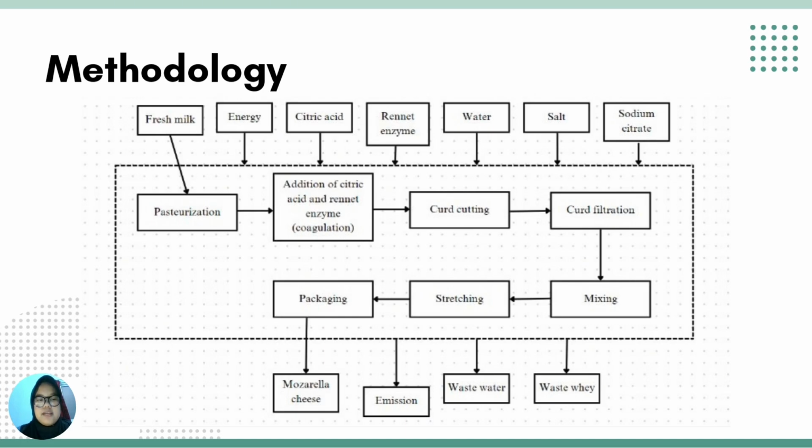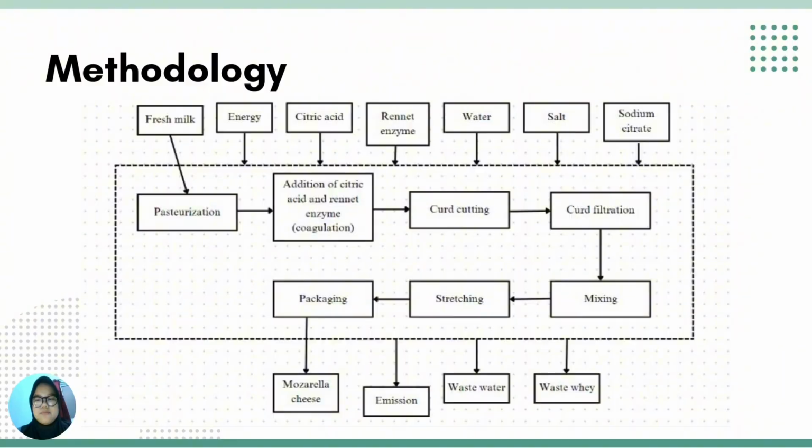This process decreases the whey in the curd, so the curd can be drier and look like the mozzarella cheese we know. This whole process also uses tools that need electricity, and as we know, electricity also produces emissions. So the outputs from this whole process are whey, emissions, and mozzarella cheese.